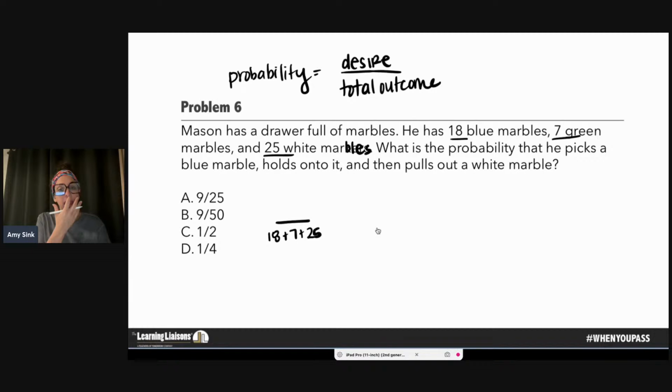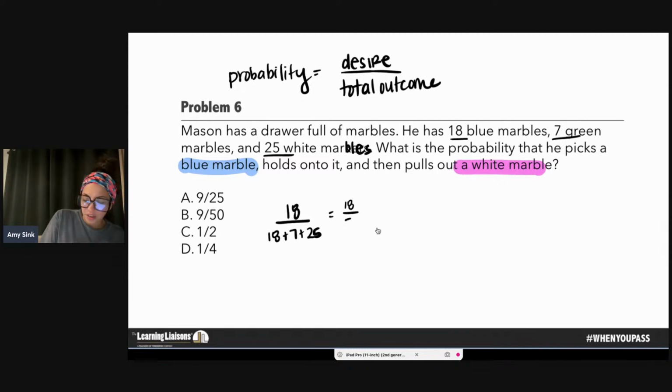My desire at first is to pull out a blue marble, then my desire is to pull out a white marble. So how many blue marbles do I have in my bag at first? 18. So 18 plus 7 plus 25 is 50. So I have 18 out of 50.